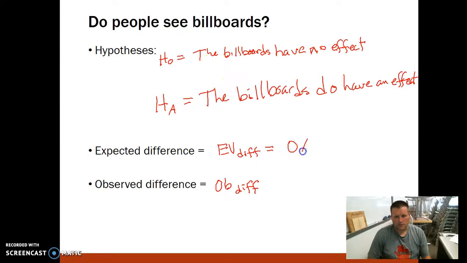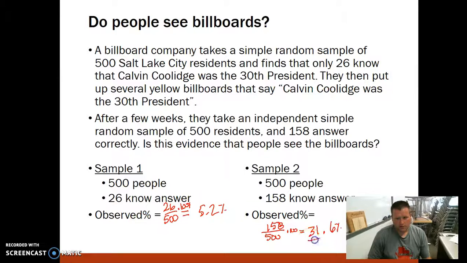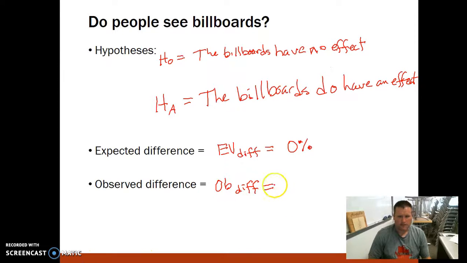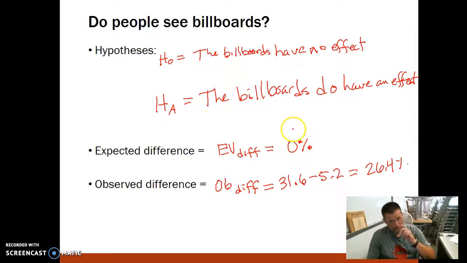So our expected difference is just going to be 0%, because we expect there to be no difference. For our observed difference, we're just going to take our observed percentages, the 31.6 and the 5.2, and subtract them. I'd suggest doing the big minus the small just to keep it positive. So 31.6 minus 5.2 gives us 26.4%. That's our observed difference.